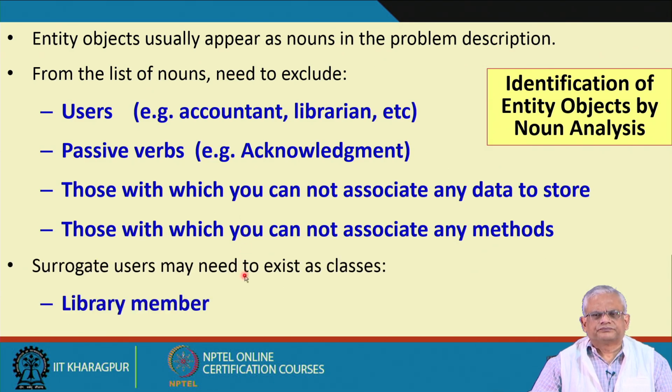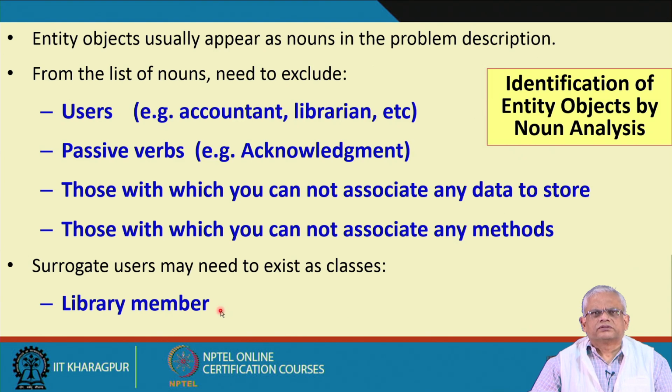But of course, we should be careful that sometimes we actually have entity objects which appear as users. Even though the library member is a user, we need to have an entity object as a library member, because it will store the member details, the books outstanding, and so on.